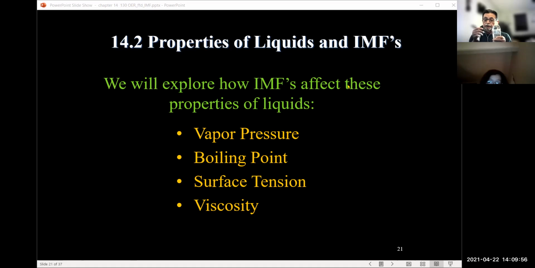The converse is true, meaning that if this interaction here was, say, weak relative to the forces we're talking about, then there's going to be more liquid molecules being pushed up into the vapor, and their pressure will go up.